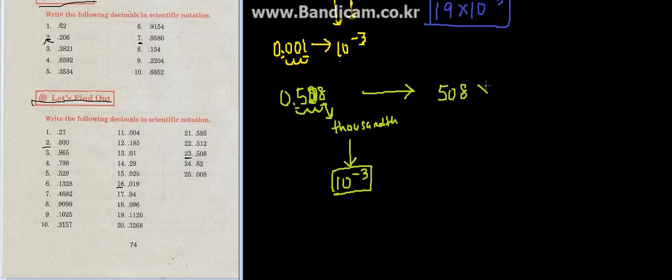So you have 508 times 10 to the negative third. Okay, that's the answer for number 23. And I hope you guys all now have a better grasp about decimals.